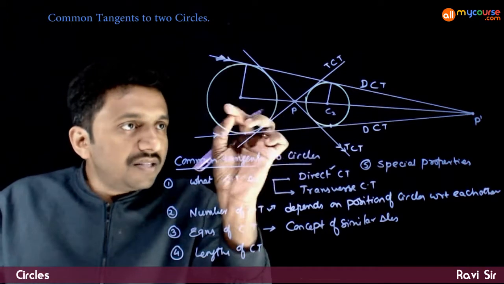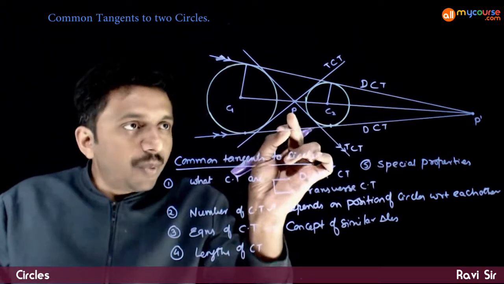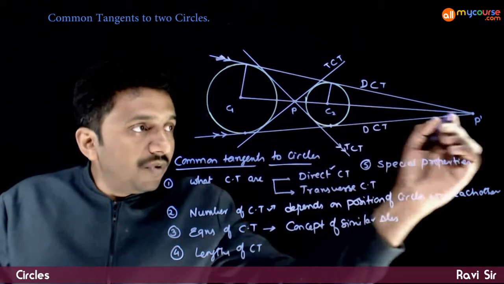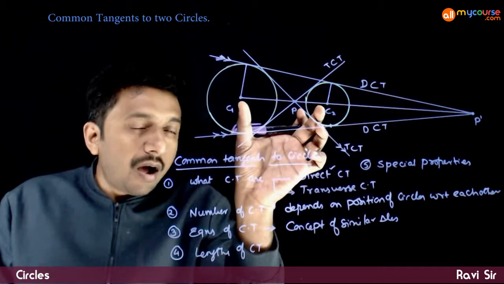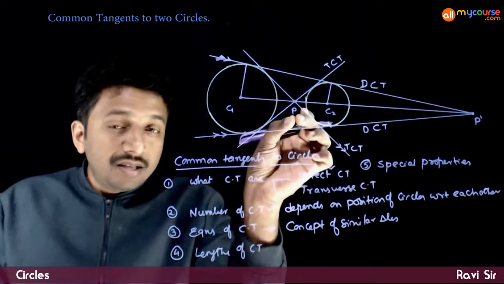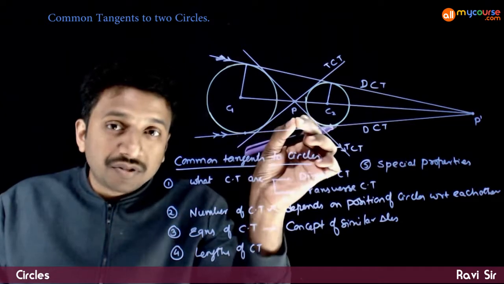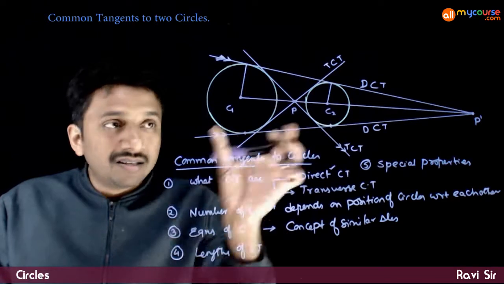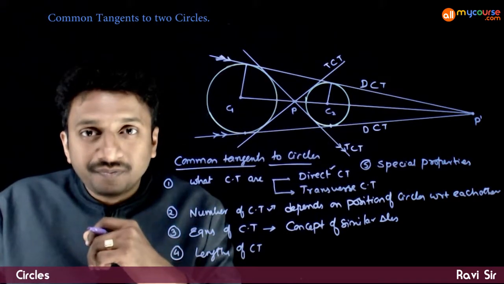If you join C1, C2 and extend them, the point of intersection of direct common tangents will be a point on this line outside C1, C2, and the point of intersection of transverse common tangents is a point on this line inside the segment C1, C2.